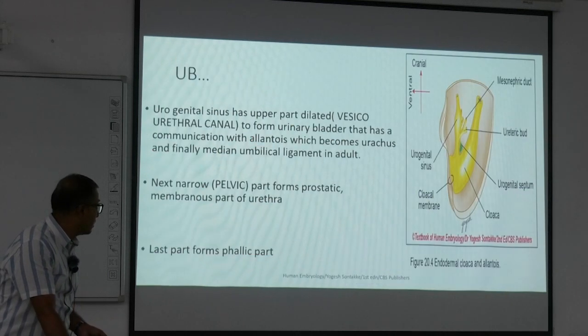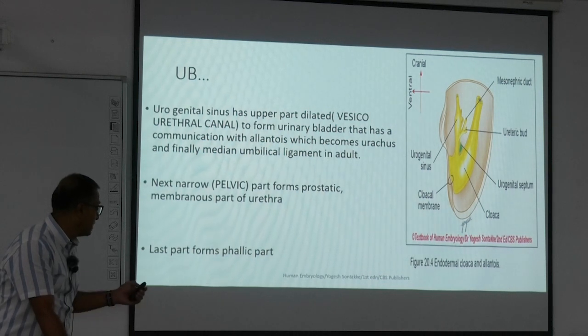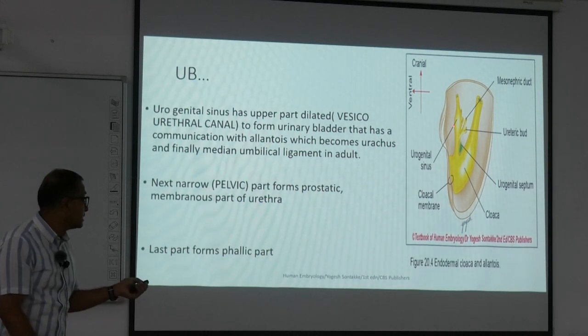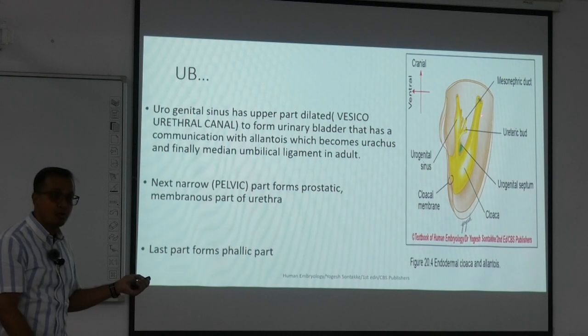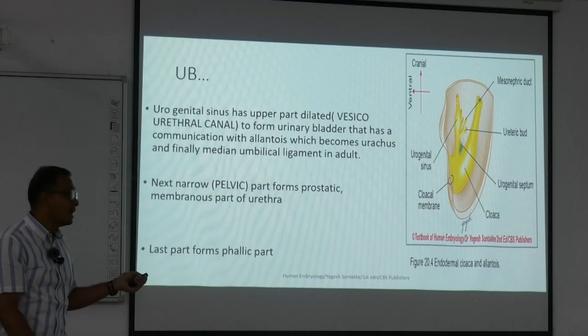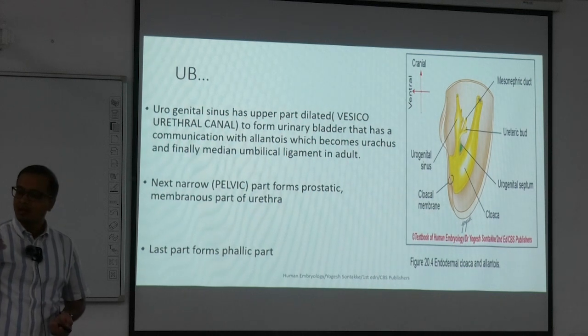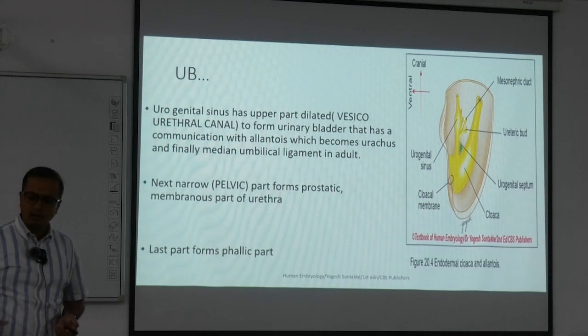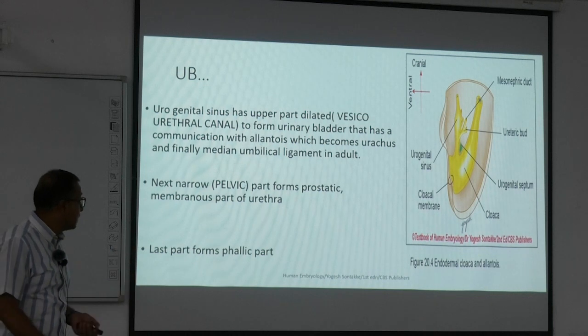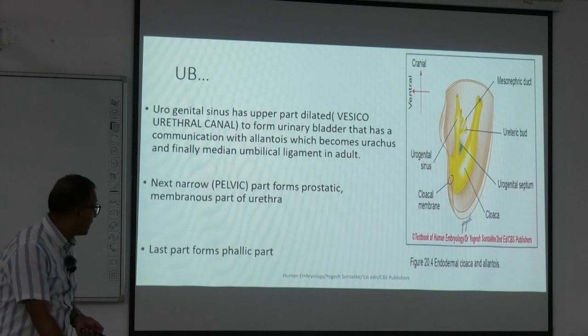Along with that, the bladder region, the urogenital sinus, has a natural outflow, known as the allantois, which normally should be transformed into a cord-like structure and ligament subsequently with time, and this entity is an important landmark.